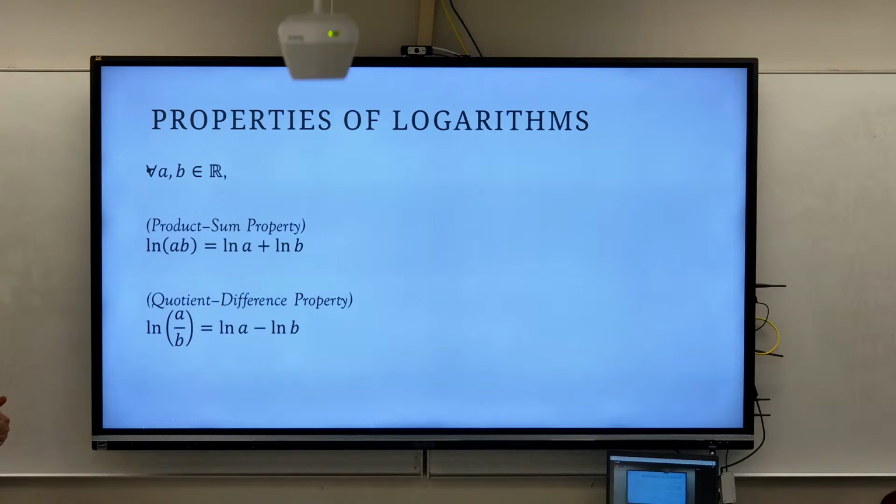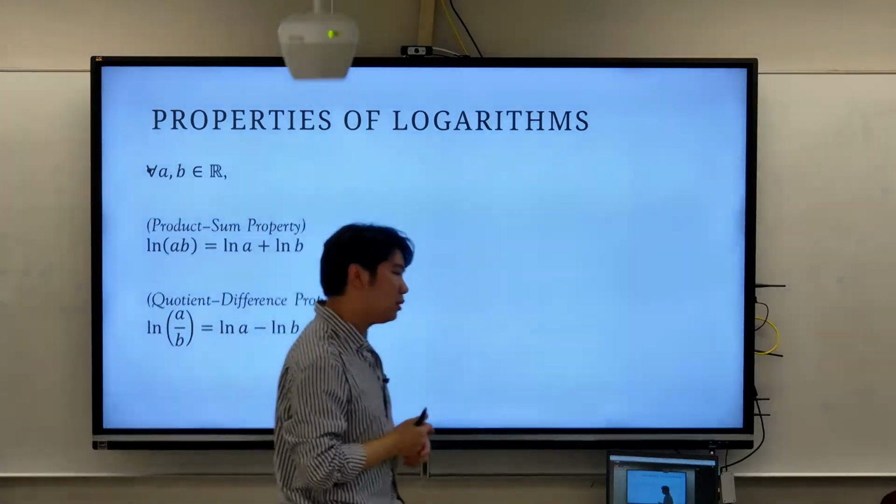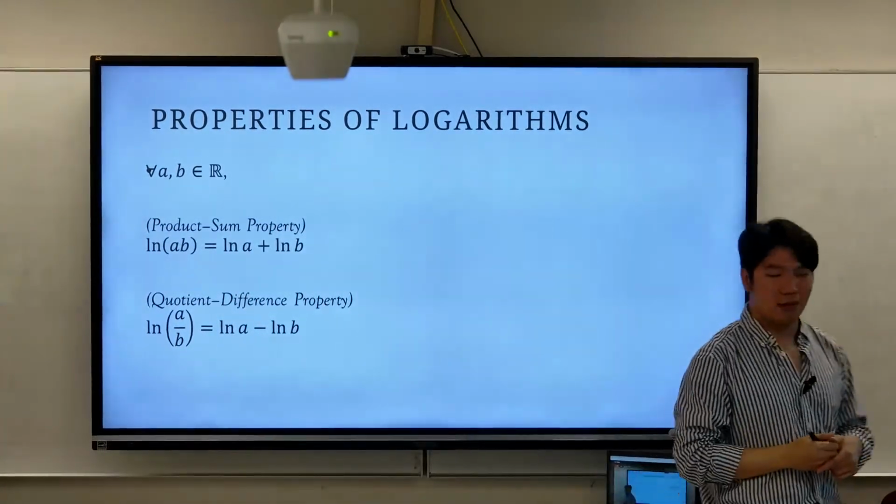And then we have a similar thing with the quotient. If I take the natural log or log in general of a quotient, this is equal to log of A minus log of B. In other words, I'm able to split up a logarithm if there's multiplication or if there's division.